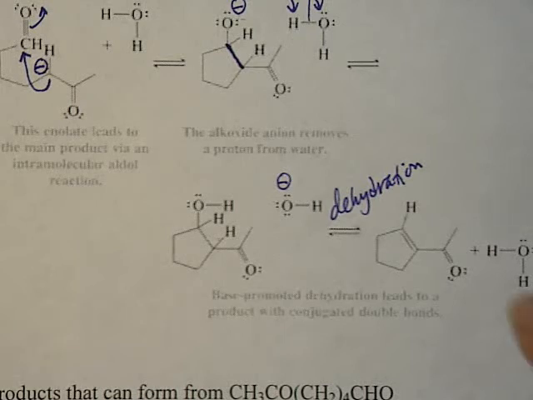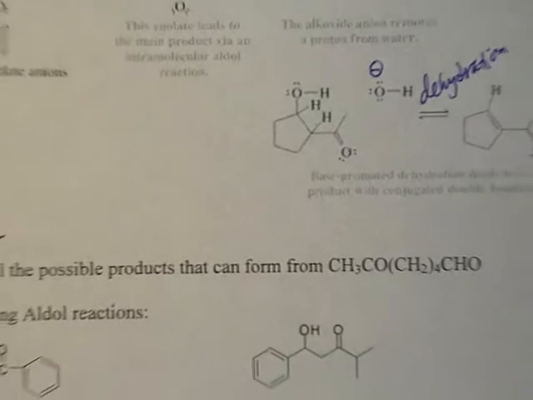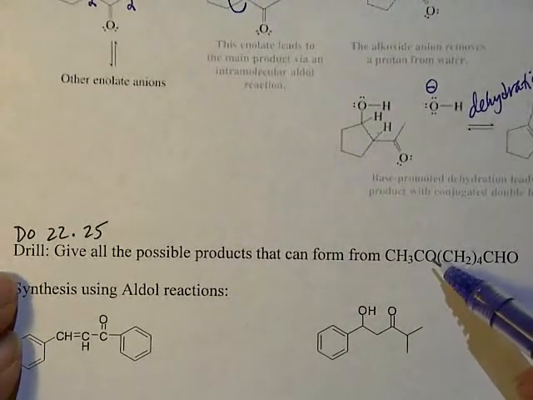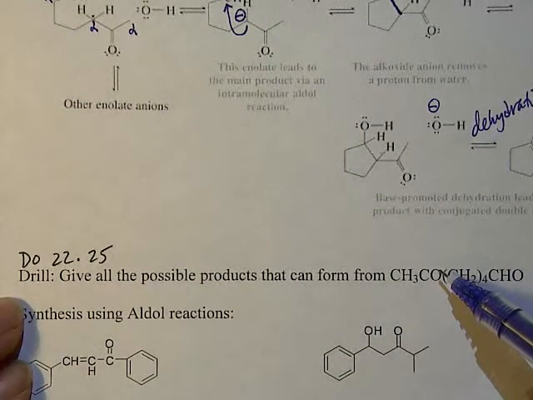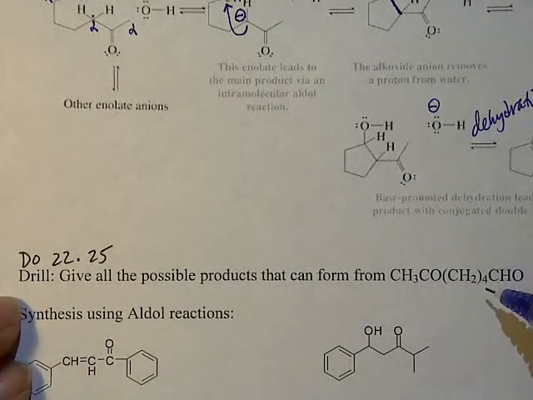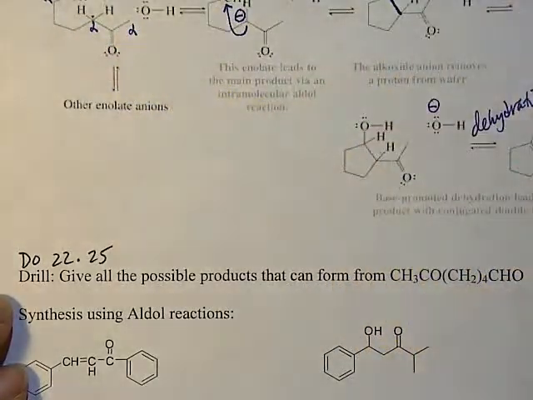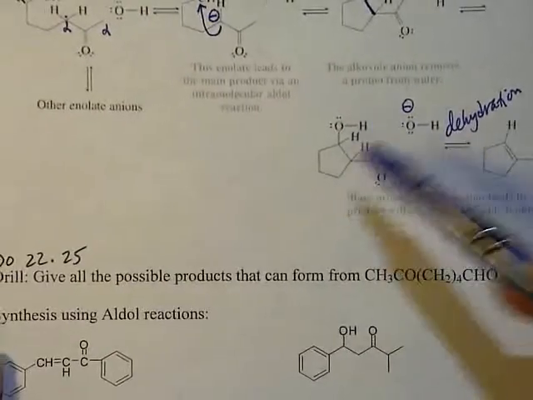All right. So see if on your own you can do this reaction. This is an intramolecular reaction, so you have a carbonyl, and then you have the aldehyde, and it's actually the same compound as this, but I want you to see if you could draw all possible products that can form, not just the major product, which is this.